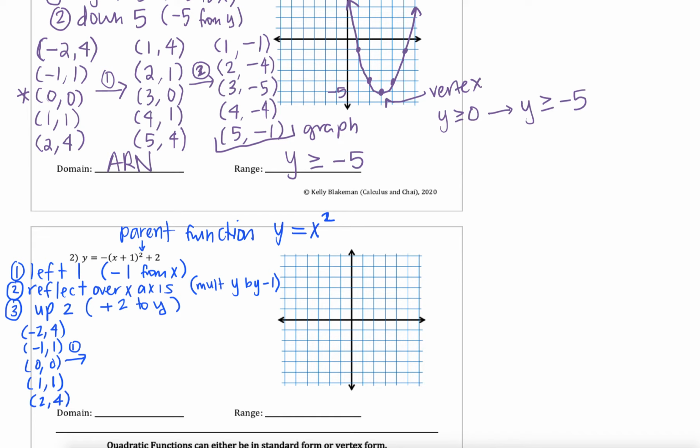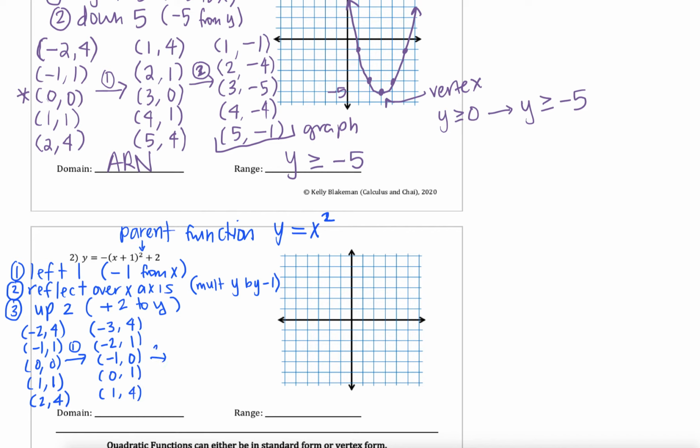Applying our first transformation, we're subtracting 1 from all of the x's. So we're at -3, -2, -1, 0, and 1, since that left 1 was affecting the x's. Our y's don't change in this case, since we were only changing the x's.